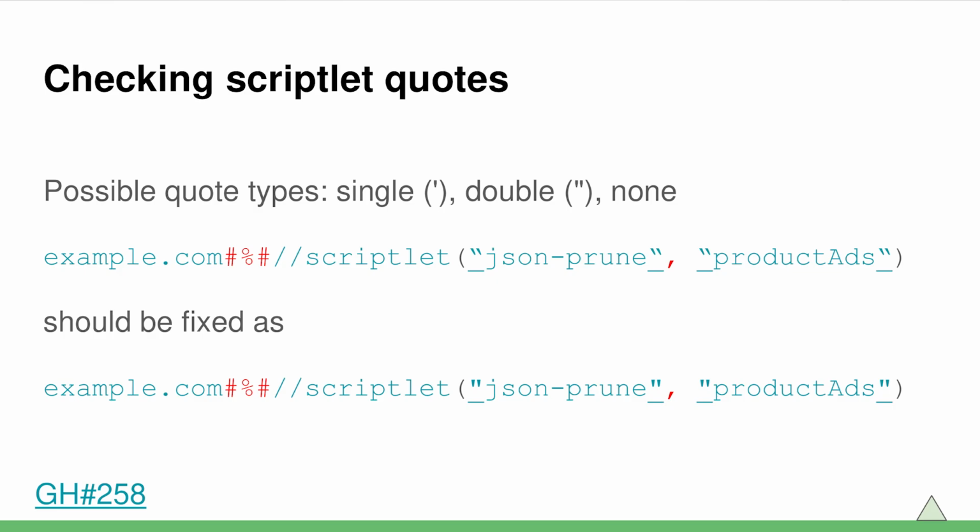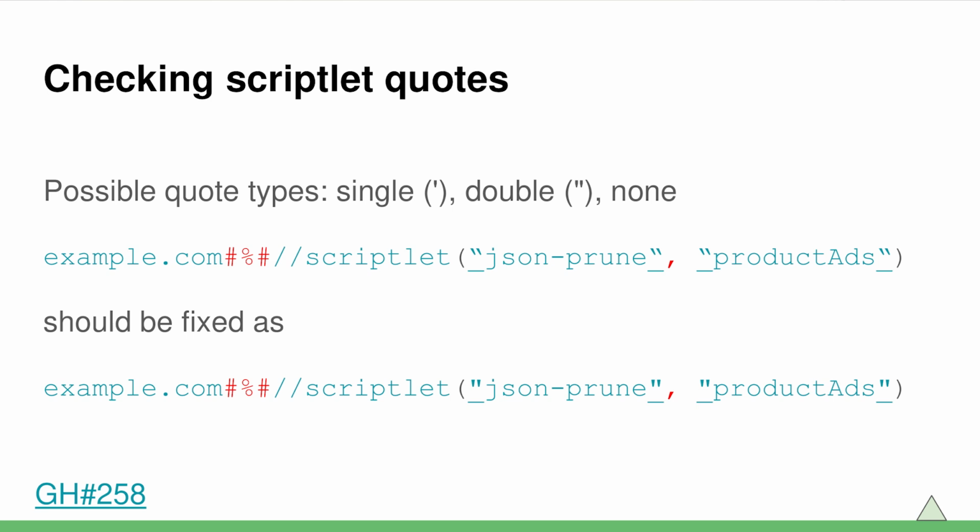This slide shows an example of when we can use autofix. On macOS keyboards, it's easy to type curly quotes without noticing. Curly quotes do not follow the style guide and can make the rule invalid. AdGuard syntax only accepts straight quotes, single or double. In the first version, curly quotes are used around a prune and product ads.